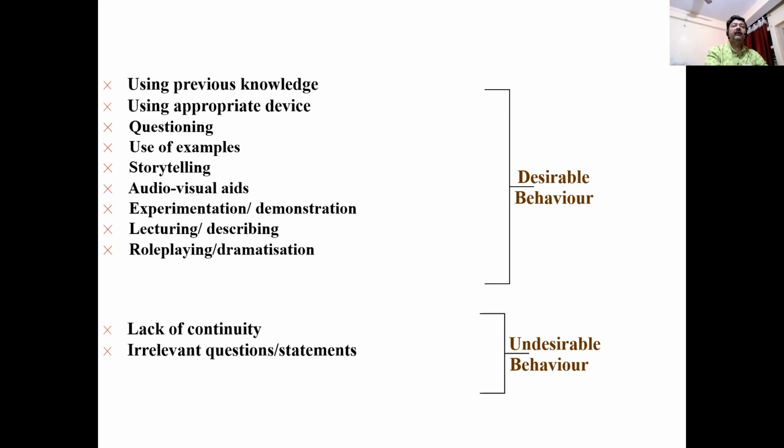A student should not feel that it is a quiz kind of thing where questions are randomly asked, or the activities are completely unrelated to each other, or at least a student cannot make out what the interconnections are. So that should not happen. Similarly, you should not make irrelevant statements or ask irrelevant questions. So these are undesirable behaviors.